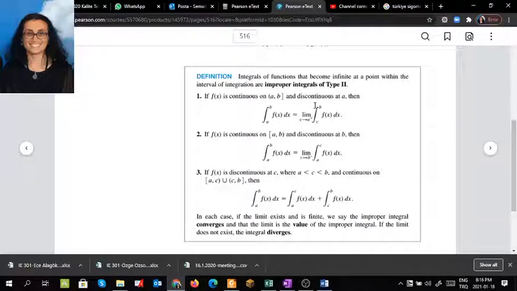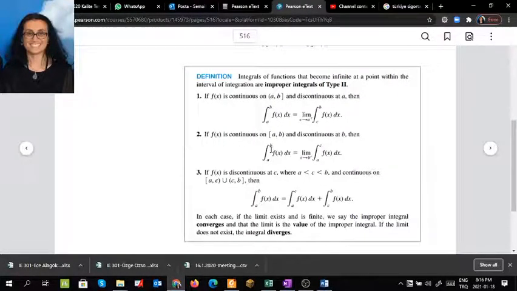Then the integral can be written in terms of limits. We are going to let c go to a from the right, integrate this, and then find this limit. If this limit is finite, then we say this integral is convergent. If this limit is not finite, then we say this integral is divergent.